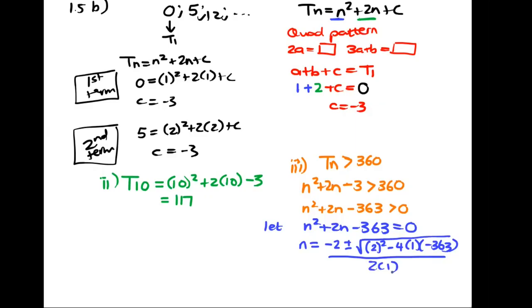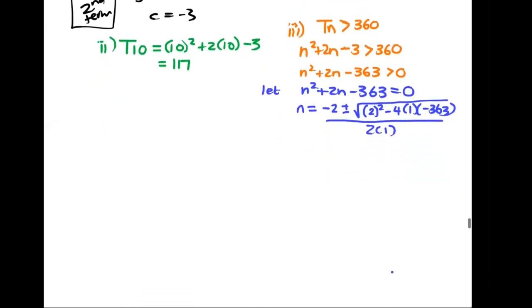There's no way I would want to try and do that by myself. Also, I probably couldn't because we get a nice proper decimal number here as our answer. So we get either n is 18,08, or if we do it where there's a minus in front of the square root, n is negative 20,08.